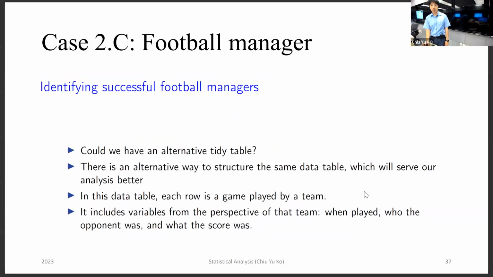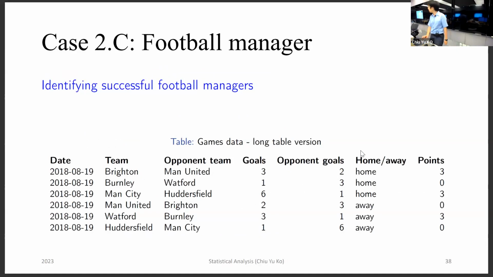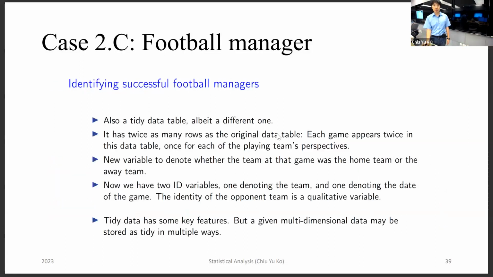If you notice, the other way is like this. For each game, we have the team and the opponent, and whether the opponent is home or away. If your data is in this way, it means each game could have two entries, depending on home and away, depending on how you model.